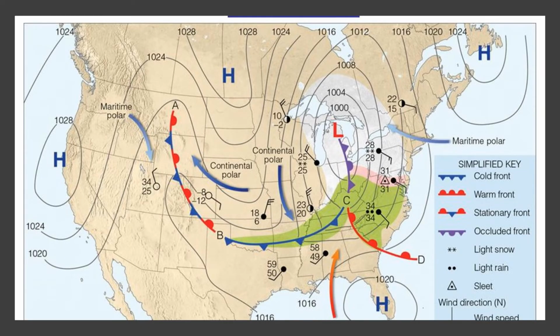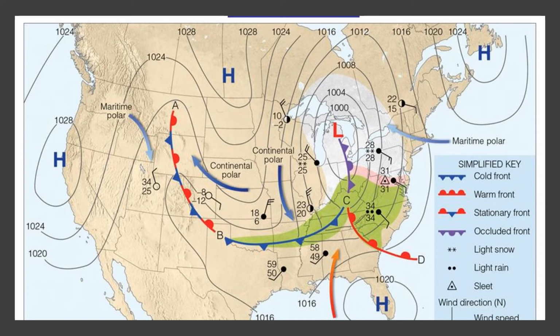If you are looking at this figure of the map, this one is a surface weather map showing surface pressure systems, air masses, fronts, and isobars in millibars as solid gray lines. Large colored arrows show airflow.